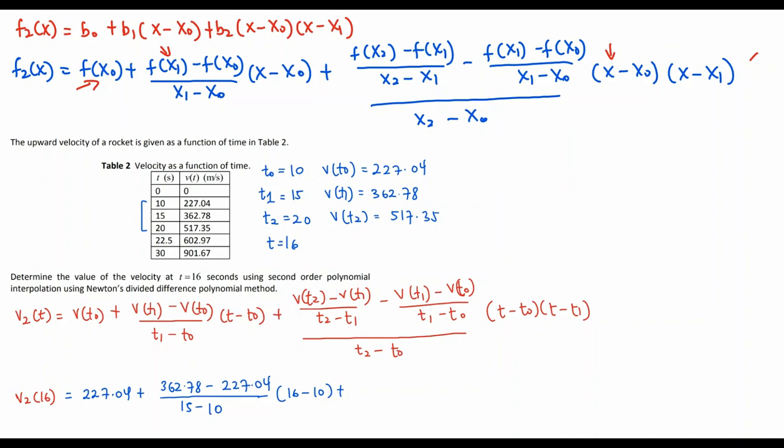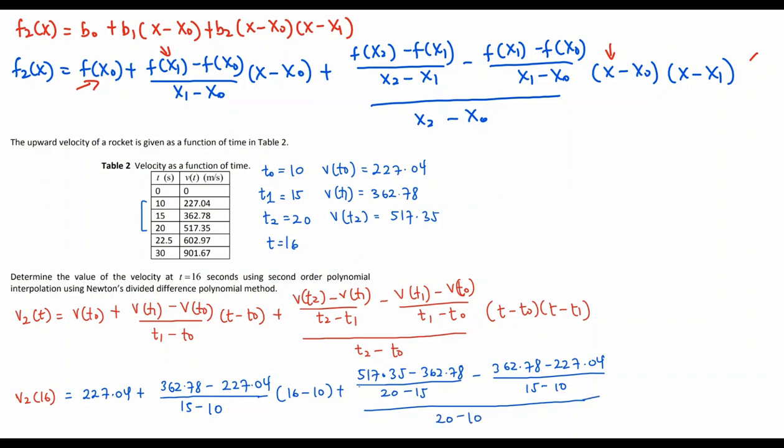We have v of t2 minus v of t1, that will be 517.35 minus 362.78, then we're going to divide this by 20 minus 15, minus 362.78 minus 227.04 divided by 15 minus 10, all this divided by 20 minus 10. Then we multiply this by 16 minus 10, multiplying 16 minus 15. Okay, this is what you are going to have.